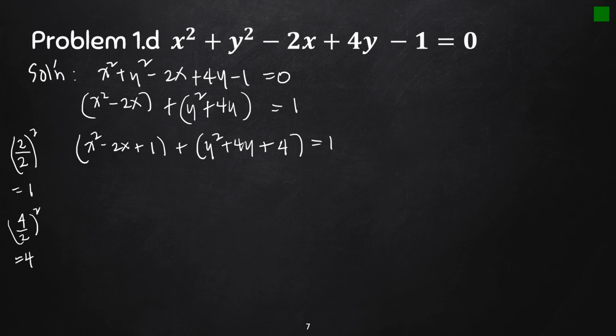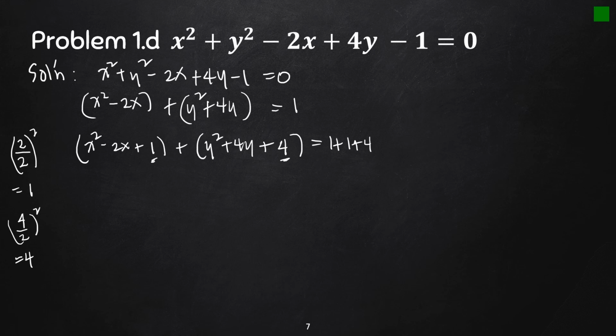Whatever you add, and I always repeat this especially to my learners, whatever you do to the left side of the equation, you also have to do to the right to maintain equality, because it's an equation, meaning both sides are equal. So 1 plus 1 because of this one here, and plus 4 for this 4.